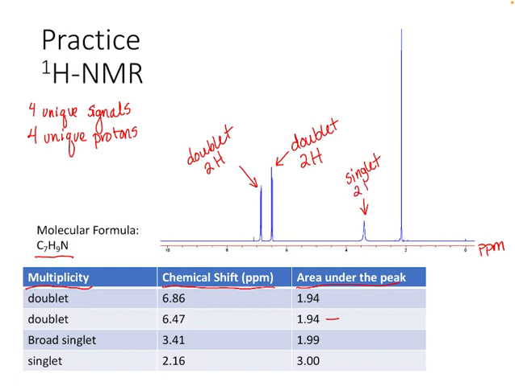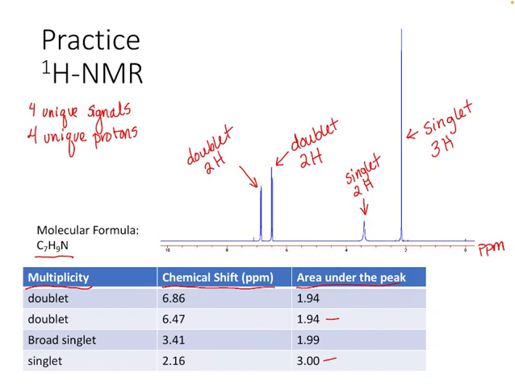So I have 2 hydrogens that are producing that singlet. And then I have another singlet at 2.16, and that area is 3. So that means I probably have 3 hydrogens that are producing that singlet.